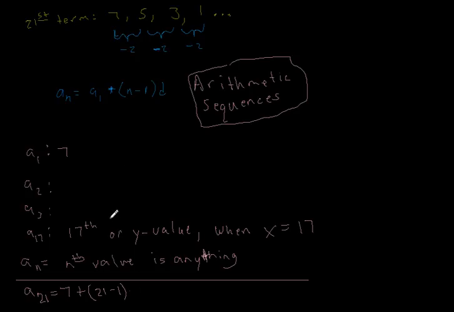We already know n is 21, and d is the common difference, which is -2.